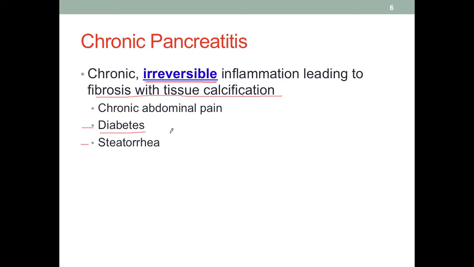If we think about the definition of the two types of diabetes, type 1 means that there is absolute insulin deficiency. Therefore, the damage to the beta cells caused by the chronic pancreatitis could lead to absolute insulin deficiency. Thus, people may have type 1 diabetes developed secondary to chronic pancreatitis.